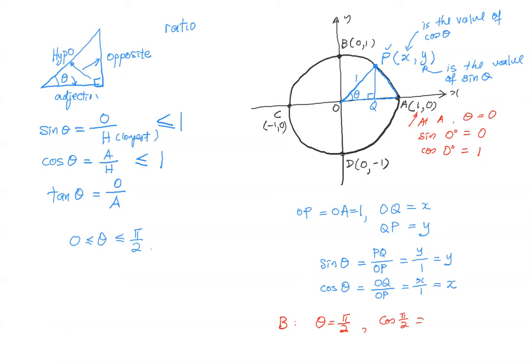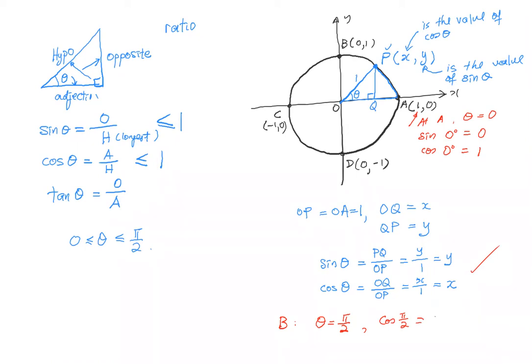By using this. What is cos pi by 2? Okay, faster, give me the answer. You get 0.